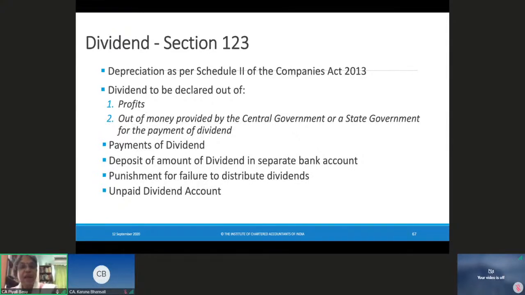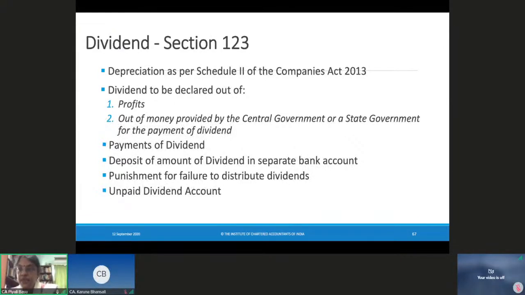Dividend is to be declared out of the profit, or out of profit provided by the central government or state government for payment of dividend. The section deals with how it should be declared and how it should be paid. Deposits of the amount of dividend should be kept in a separate bank account.